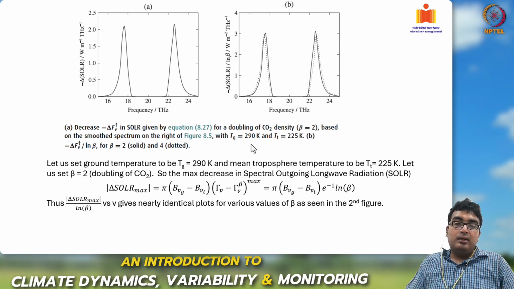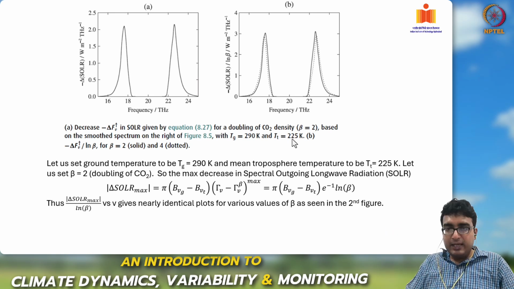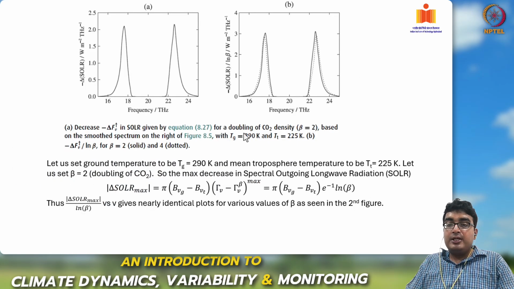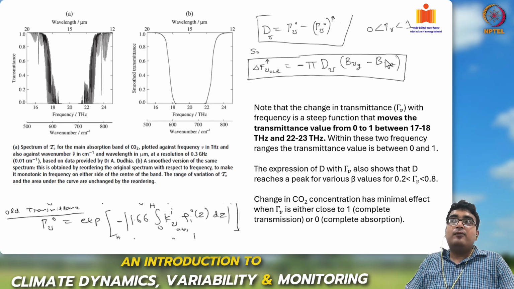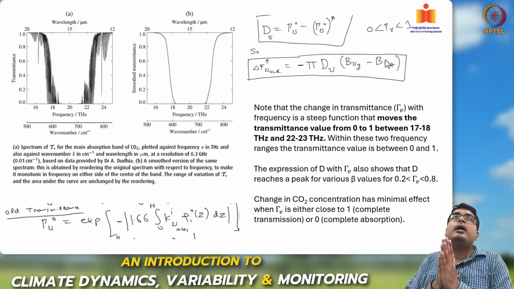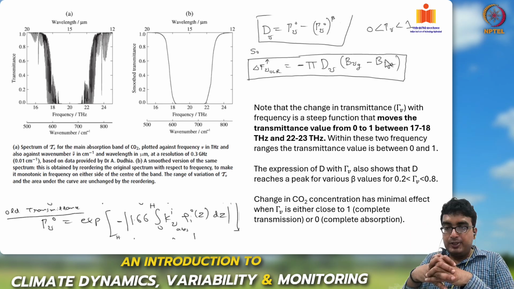This assumes that the tropospheric temperature at the top of the troposphere is 225 kelvins and Tg is 290 kelvins. Okay. So based on that, we can find the B nu T and B nu G. So this is the tropospheric temperature, this is the ground temperature. Remember, we have made the simplifying assumption that we have an isothermal atmosphere at a certain mean temperature.